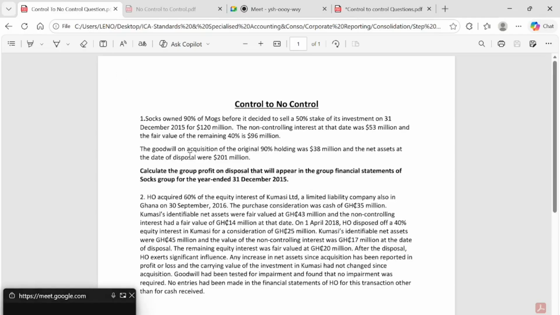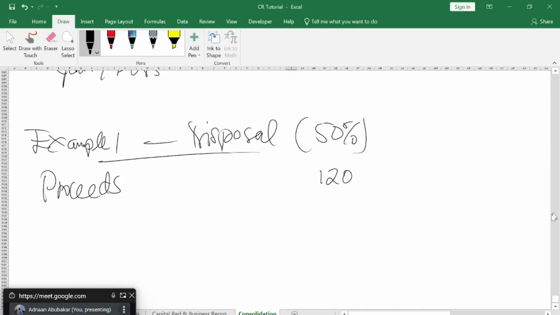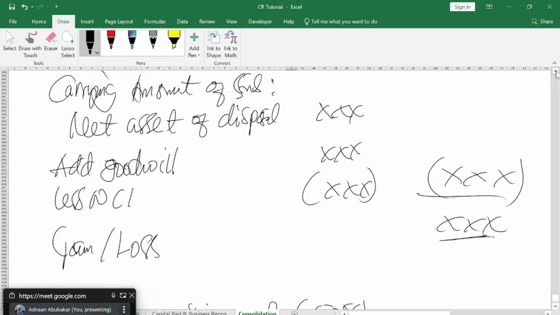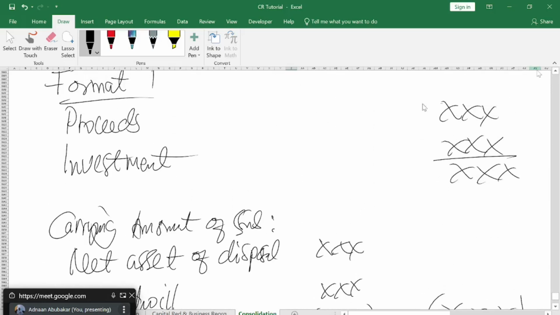They said that when they sold the assets at 120 million, the fair value of what is remaining, the remaining asset after disposing of the 50%, you bring it here as investment held or remaining.